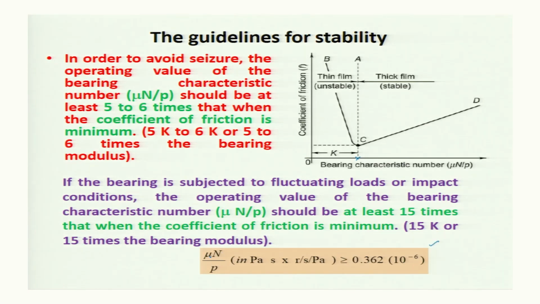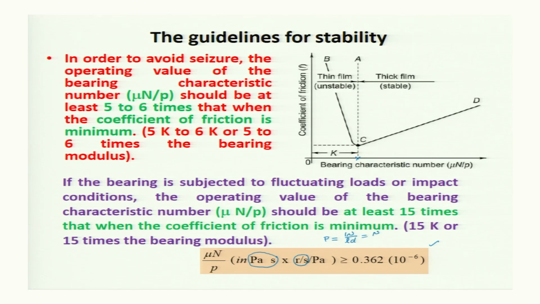This gives us this mu n by P in Pascal second. Pascal second is the unit of mu, multiplied by the unit of the rotational speed of the journal, which is revolution per second, divided by the unit of bearing load, which is Pascal, because unit bearing load P is given by W divided by LD.